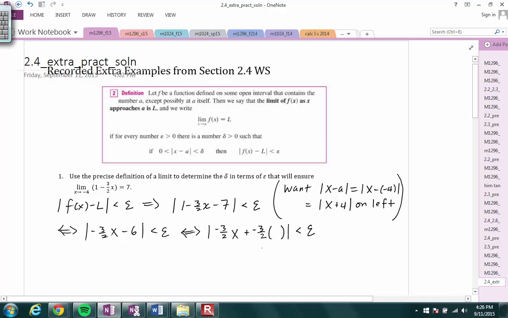There are different ways you can do that. You can even make a little equation here. Multiply by -2/3, and you get that the value would have to be 4.